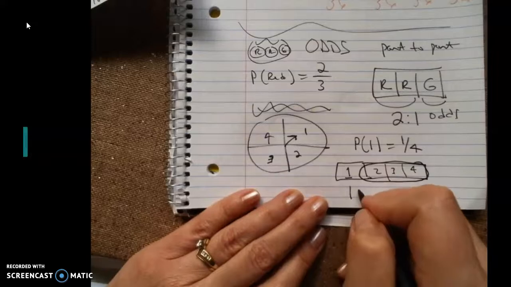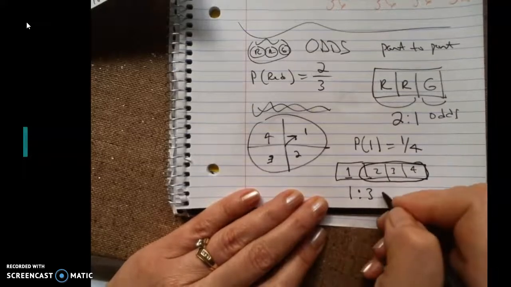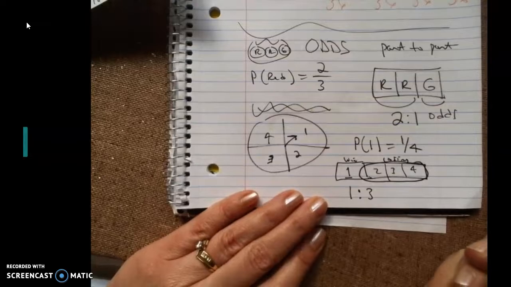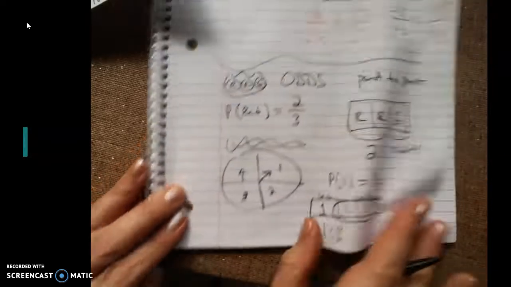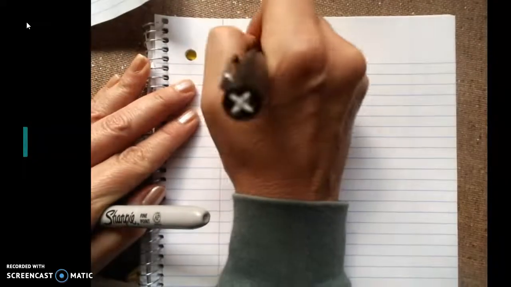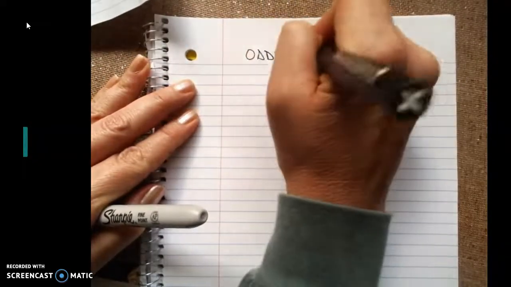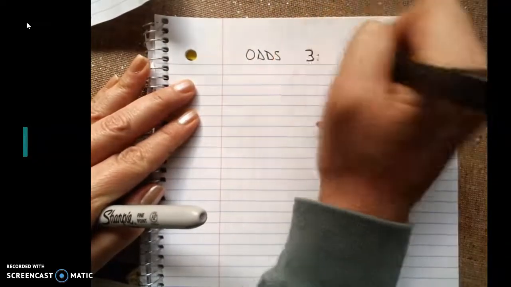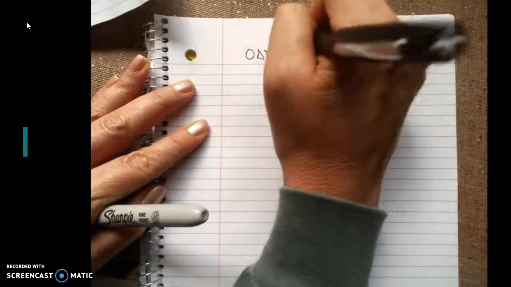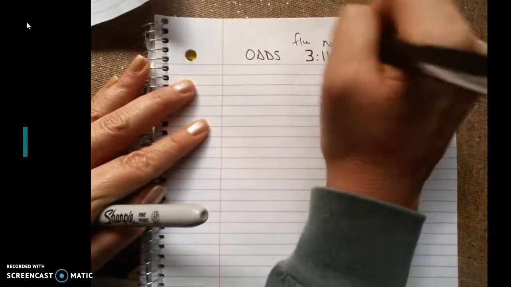So you have 1 chance to win and 3 chances to lose. This is winning, this is losing. That's odds. If someone asks what your odds are of getting the flu, say your odds are 3 to 119: this is you getting the flu, this is you not getting the flu.